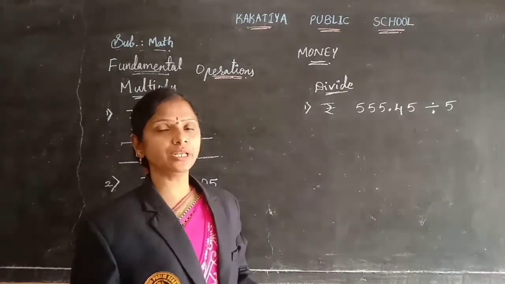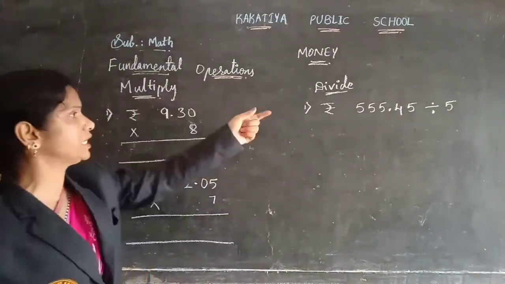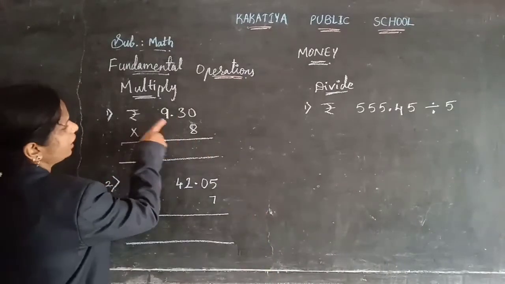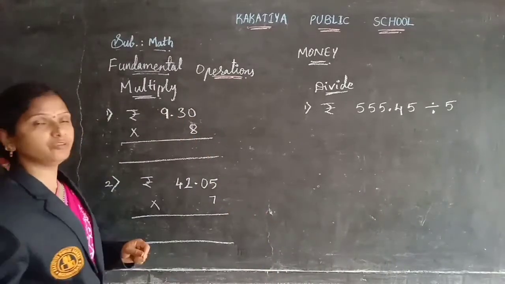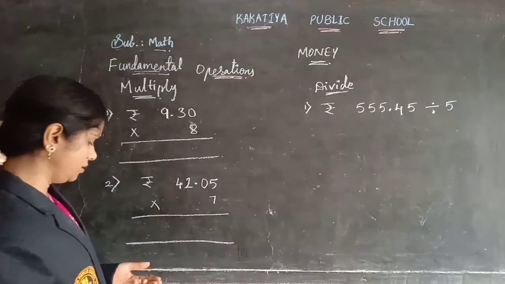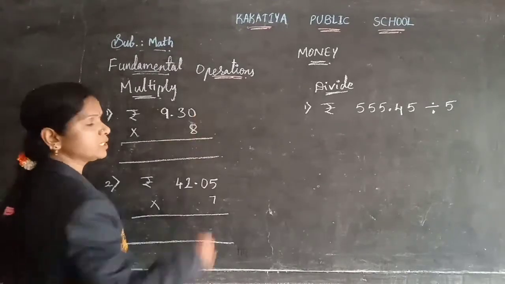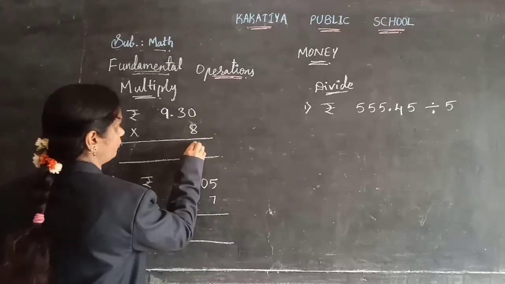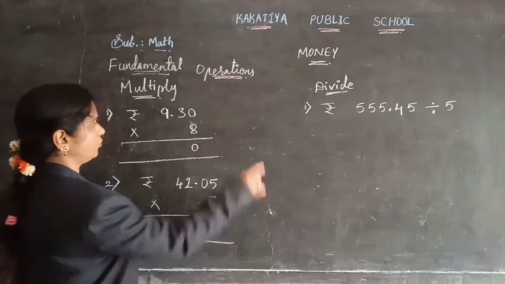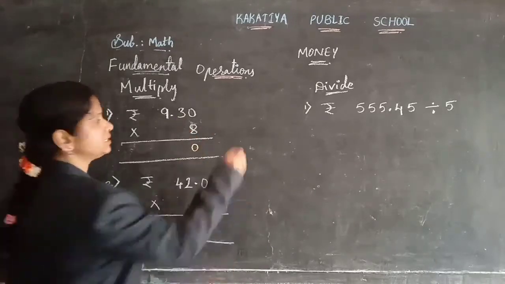Yes, let's continue with the next fundamental operations, which are multiplication and division. Okay, first multiplication. Here what they have given is 9 rupees 30 paise. We have to multiply by 8. Okay, come on, let's multiply here. 8 zeros are 0. Everyone knows the 8 table, no, children? 8 zeros are 0. 8 threes are 24, children.